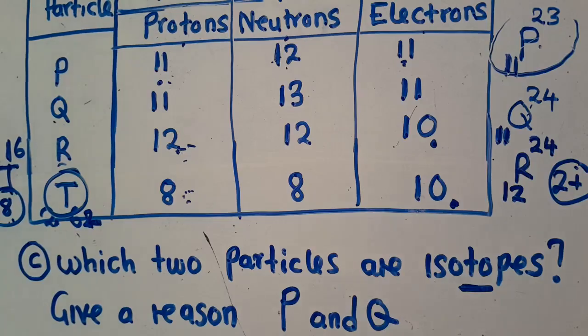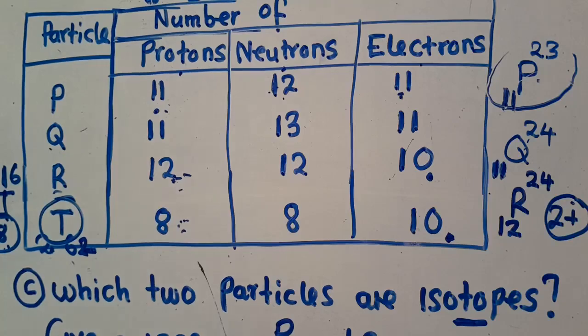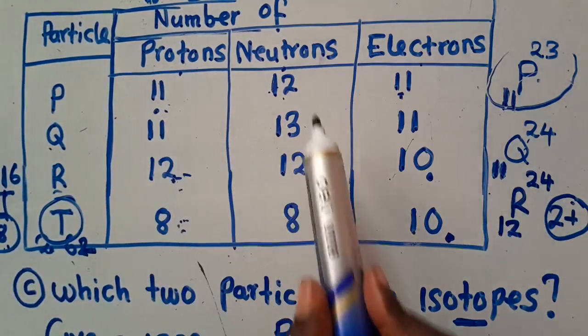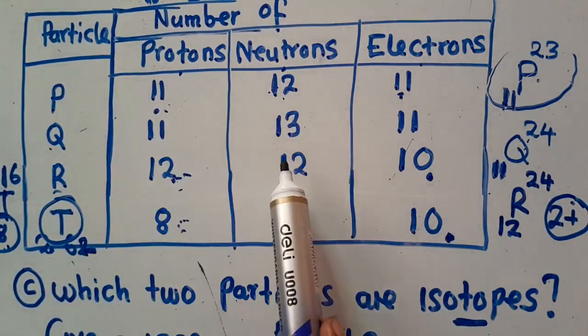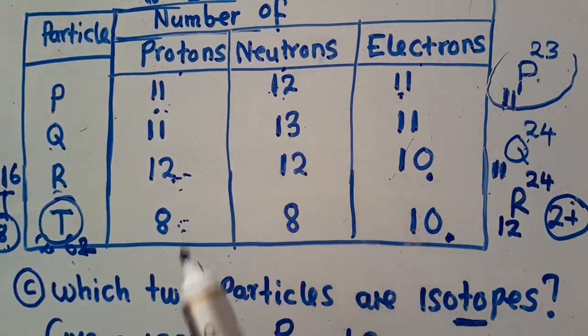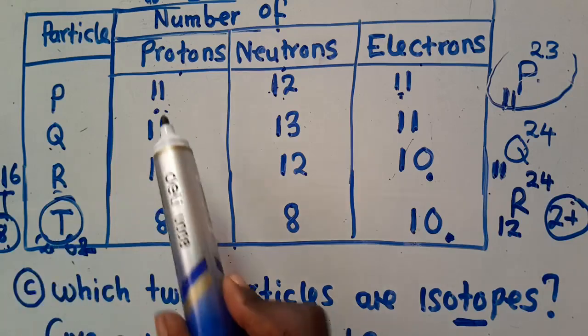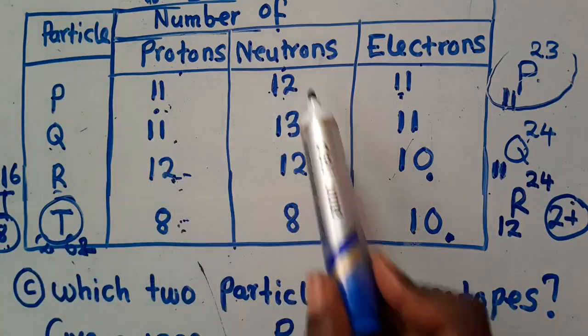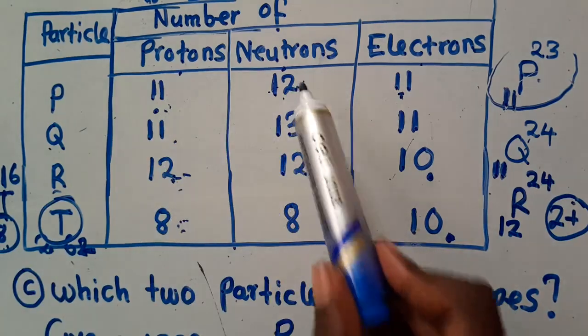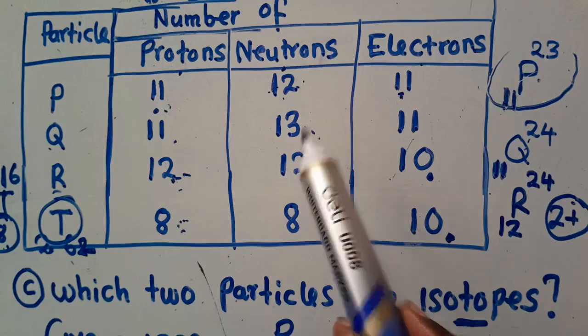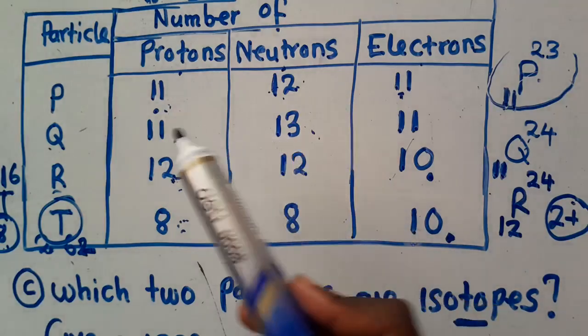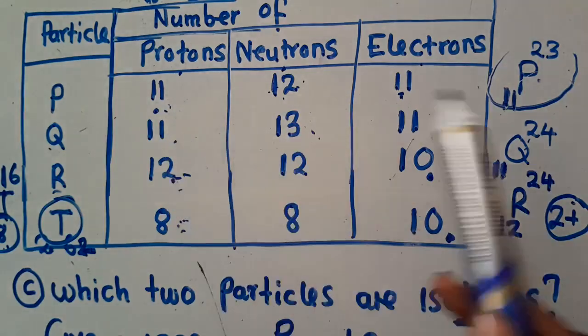So what answer can you give? You can give this reason in 2 ways. You can give it looking at the table given here. You can say these are atoms of the same particle with the same number of protons but different neutron number. Or you can say they have the same number of protons but different mass number.